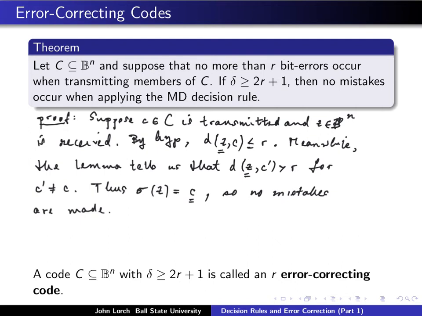It is the fact that the minimum distance in the code is large enough, meaning that the code words are not too close together. Codes like this are called error correcting codes. In particular, if the minimum distance delta is bigger than or equal to 2r plus 1, then the code is called an r error correcting code.